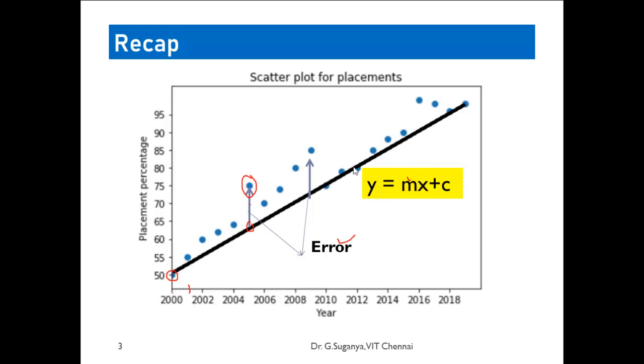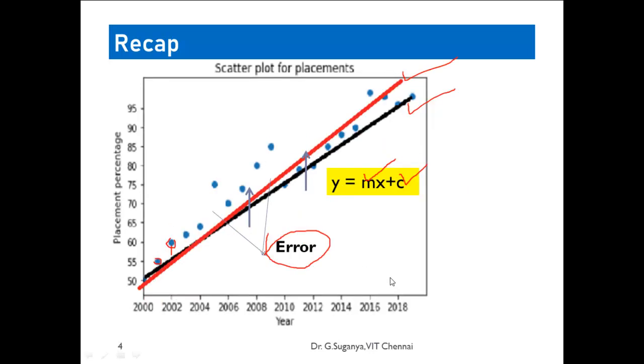So in order to tilt this line and reduce your error, we need to change this m. The intercept may also change when you tilt the line, going down or moving up, but there will not be too much variation. If you think logically, this m value alone decides whether the line will be tilted up or down.